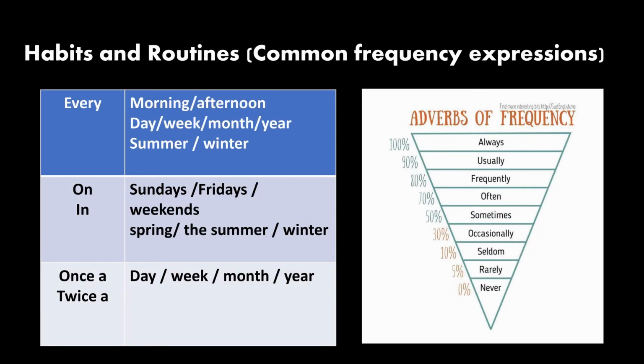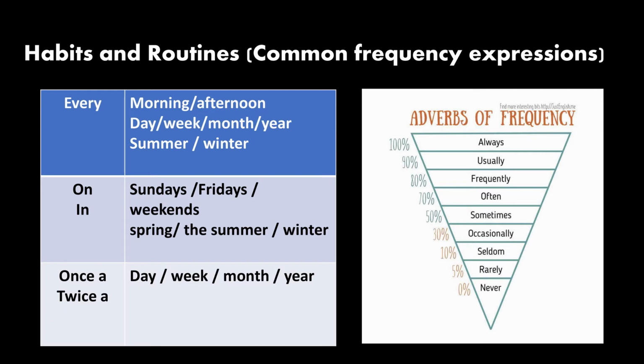Okay, I want you to notice one other thing in these examples. You can see how frequently or how often the action happens, which means the action happens every day, on weekends, etc. When we talk about habits or routines, we normally use these kinds of expressions.